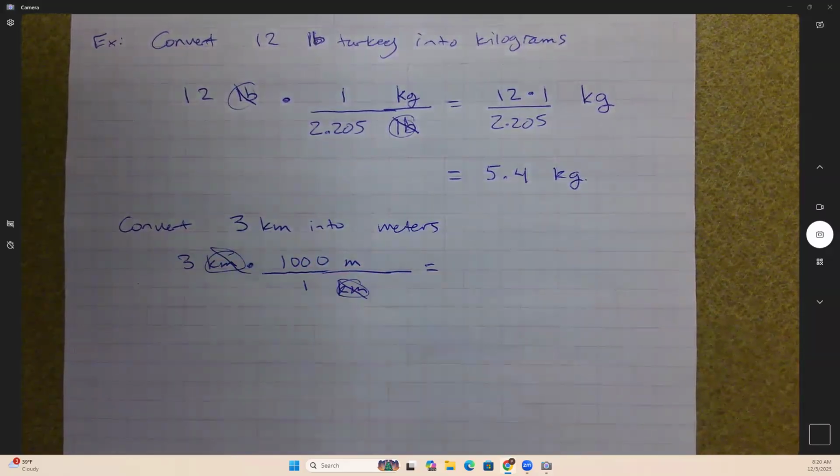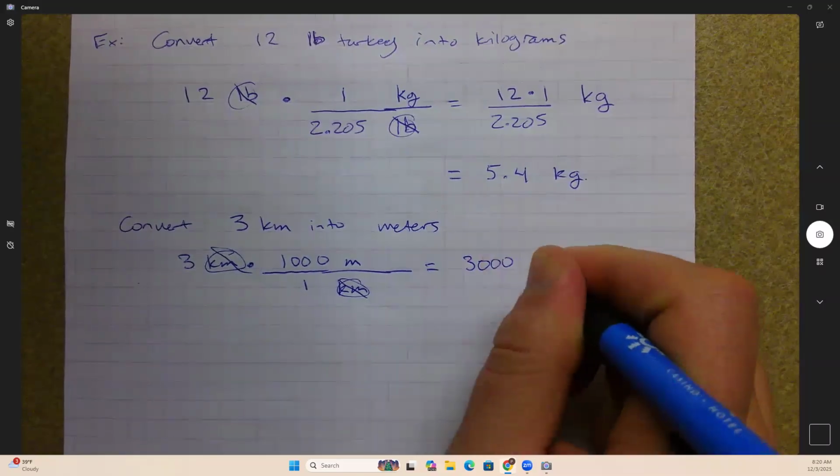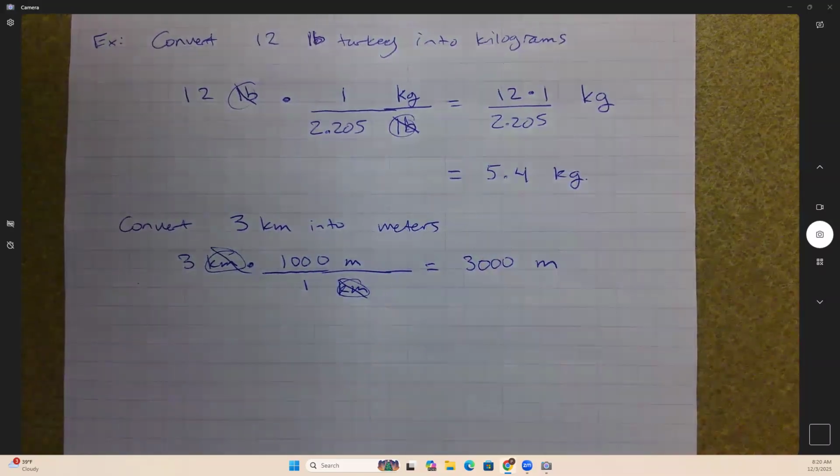So this might be a place where you eventually don't use the systematic way because it's as simple as taking those 3 kilometers and multiplying it by 1,000. And that's one reason the metric system's so nice, is you're just going to add zeros or take away zeros.